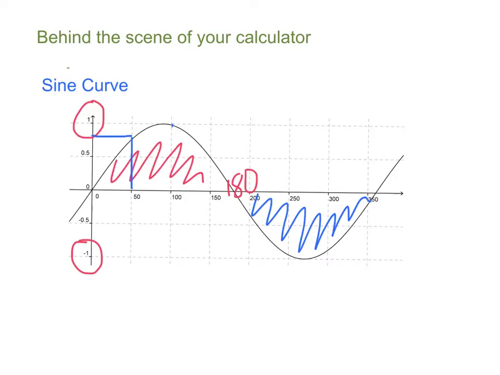So go ahead and put in sine 100 and see if I'm close. We can also estimate values on the negative side. So for example, if I want to estimate the value of the sine of 200, I'm going to go with negative 0.35. So again, you can plug in the sine of 200 and see what you get.